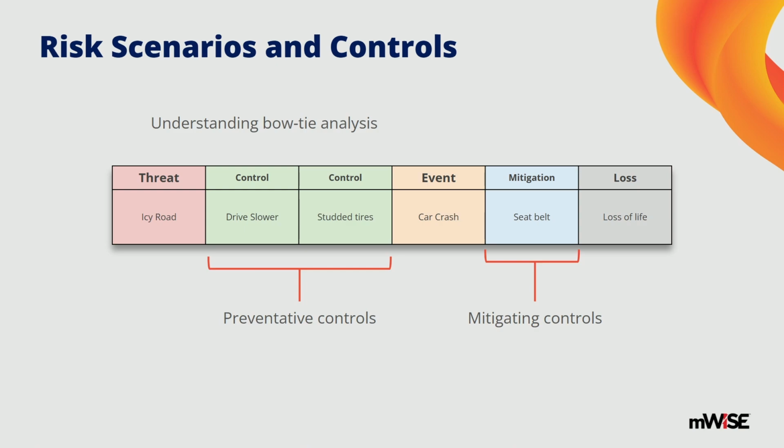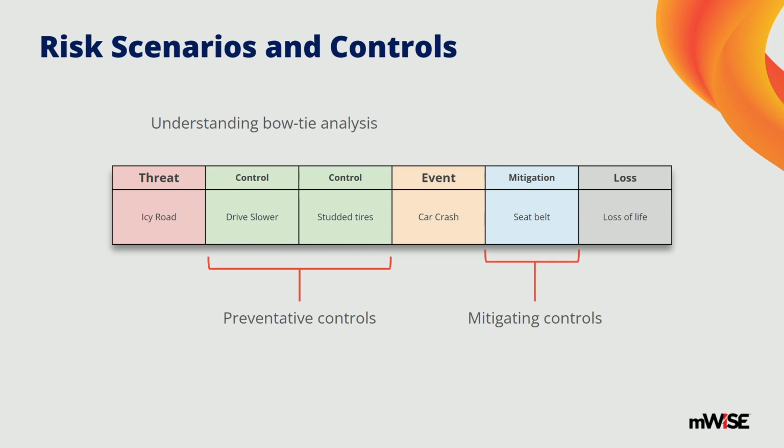I like this for the executive you want to teach who's not familiar with risk. This is a very easy way of doing it. So basically this comes from a background in the health and safety world. But it's really simple, right? You have a threat that can cause a threat event that results in a loss, right? So we have an icy road that could cause a car crash that can result in a loss of life.